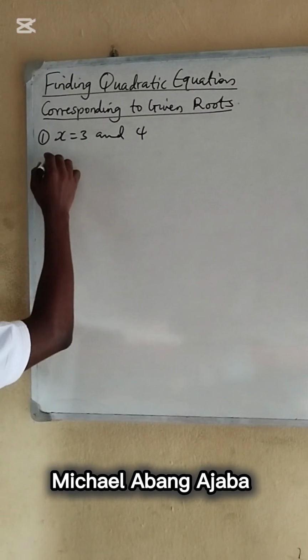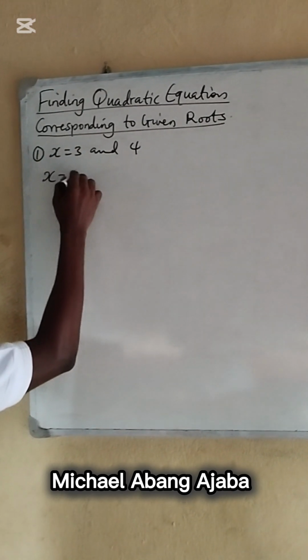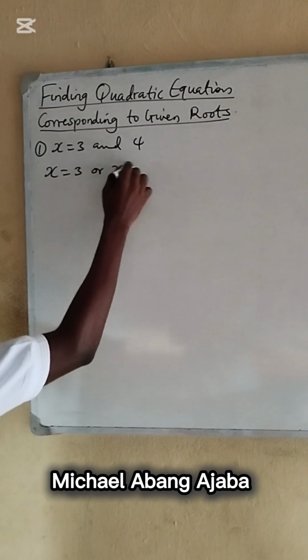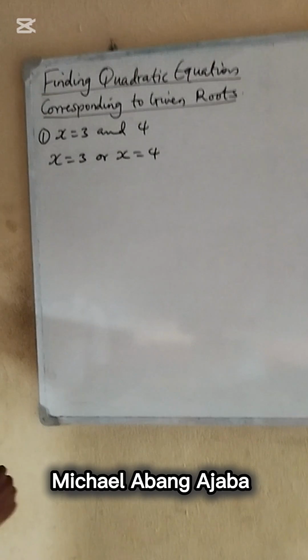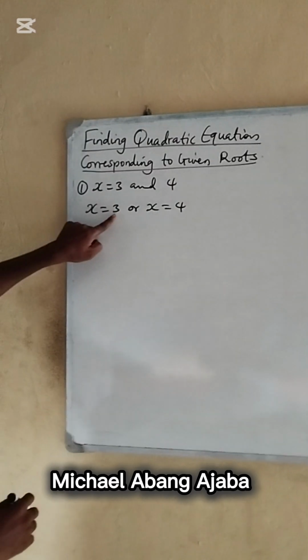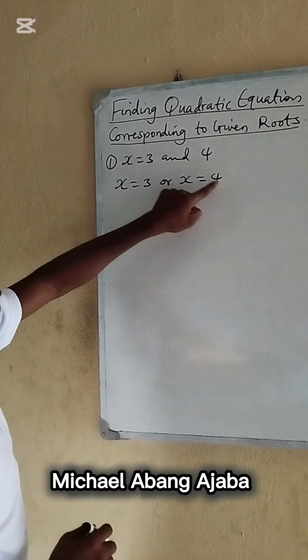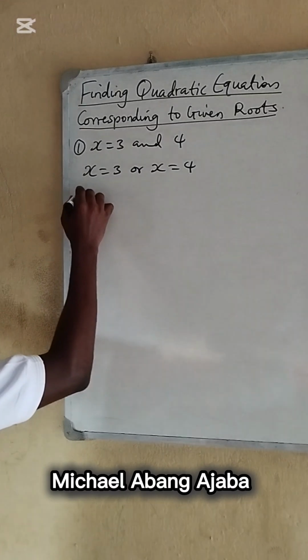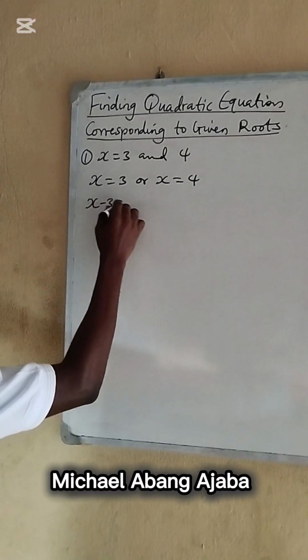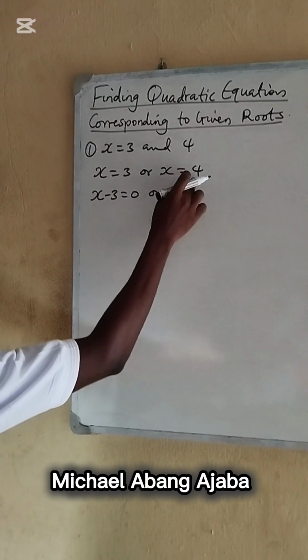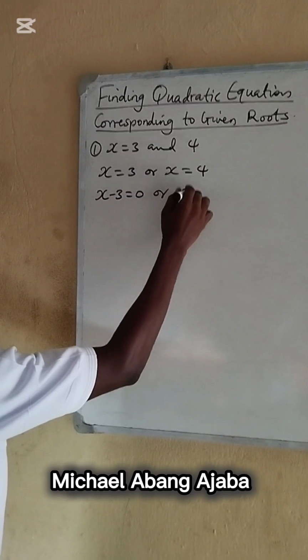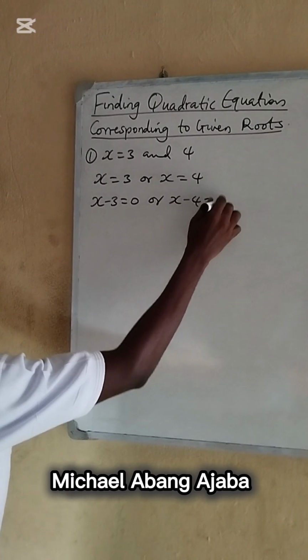First, you write this as x equal to 3 or x equal to 4. And from here, bring this one to the left hand side, bring this one to the left hand side, meaning you have x minus 3 equal to 0, or x minus 4 equal to 0.